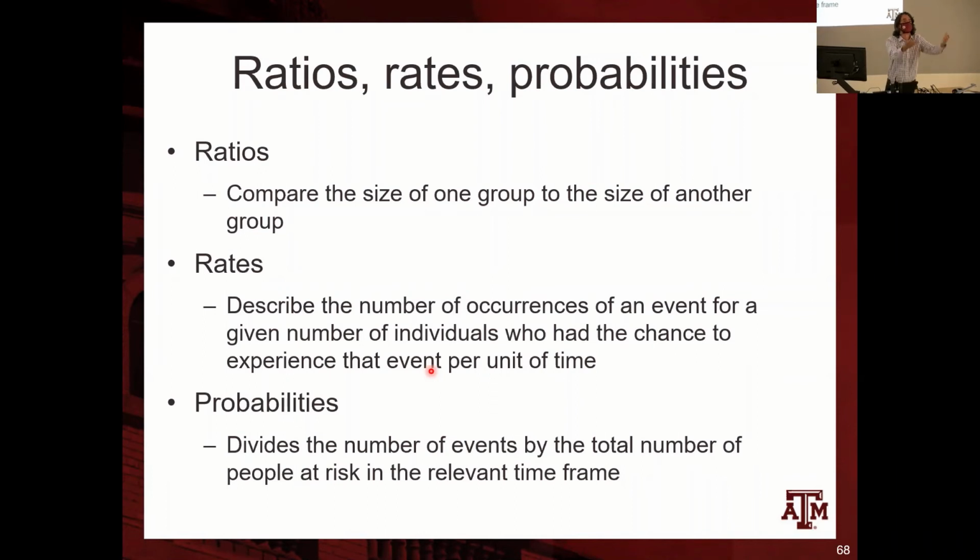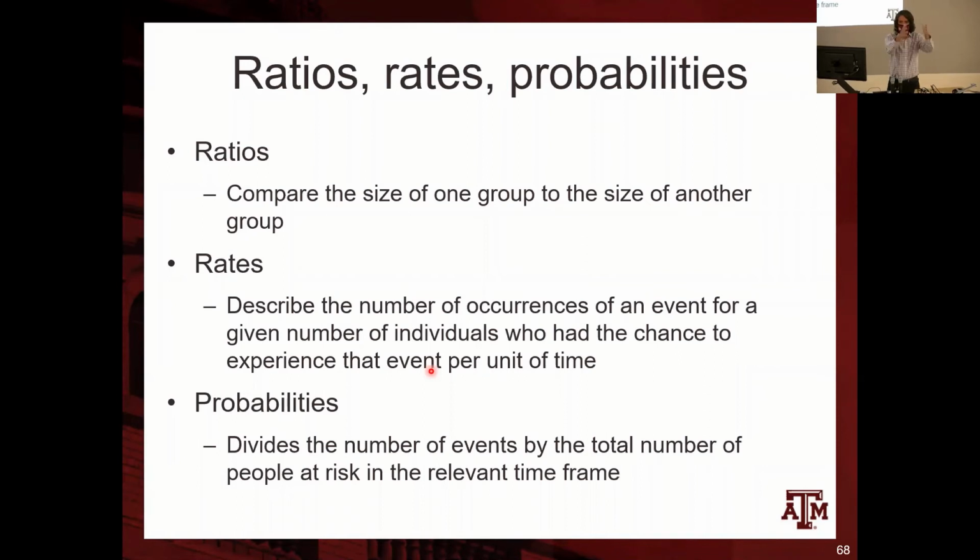If I'm alive at the beginning of 2021, I can be in the denominator of a mortality rate because I have the chance of going to the numerator. If I'm alive now, I have the chance of dying in 2021. So that's a rate. I have the chance of moving from the denominator to the numerator. In the ratio, that's not possible.